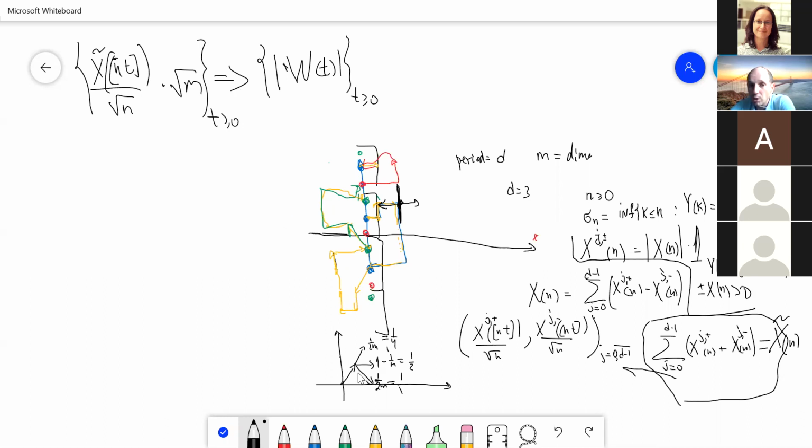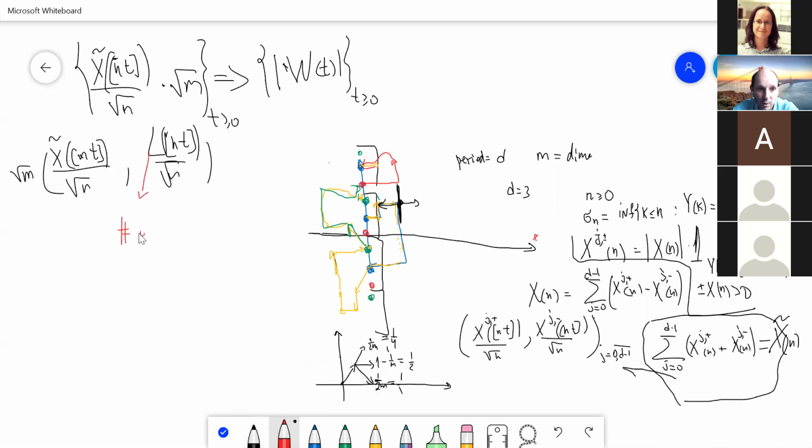Moreover, if you consider this process in t over square root of n, and if you count the number of visits to 0 and multiply this vector by square root of n, then the result will be a pair: a Brownian motion and the symmetric local time of this Brownian motion at 0.